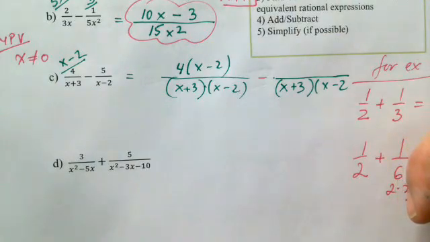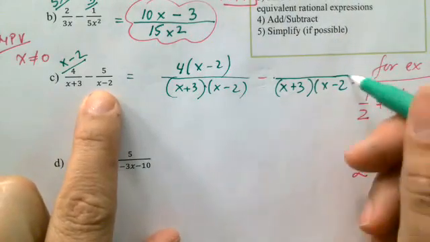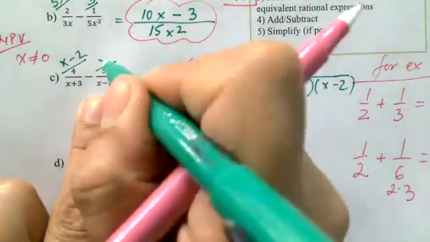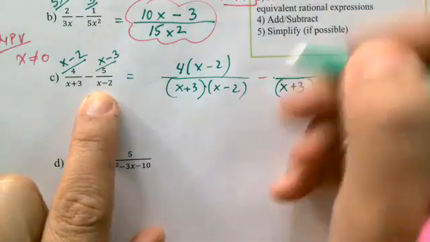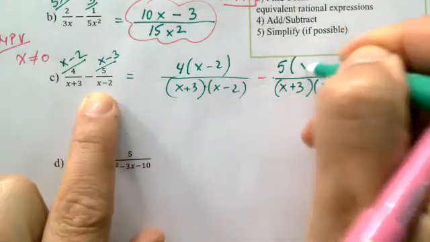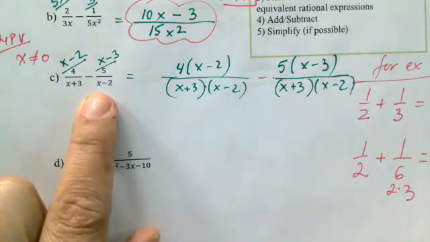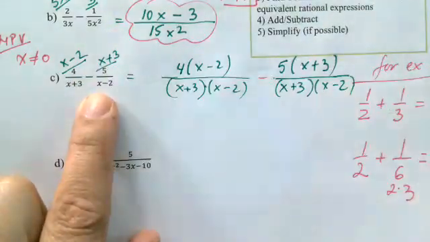Clear? Now, in the second one, I used to have x minus 2, but now I'm multiplying by x minus 3. So the x minus 3 is going to be multiplied at the top. So minus 5 times x minus 3. Is it plus 3? Plus 3. Yeah.